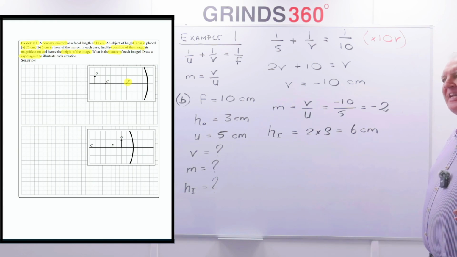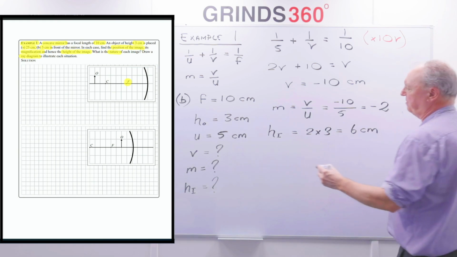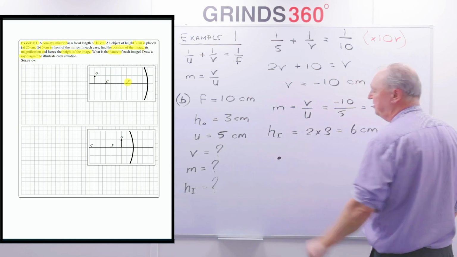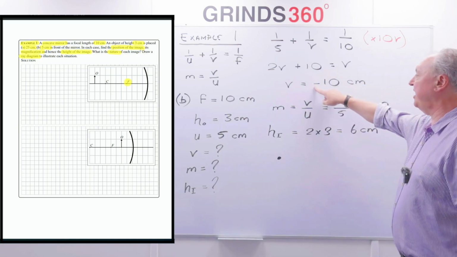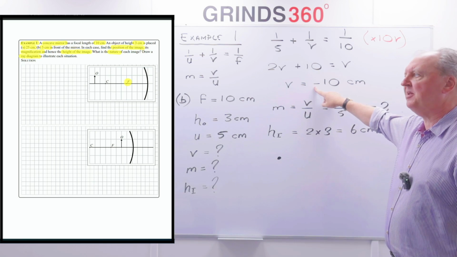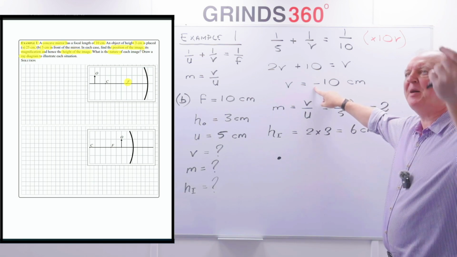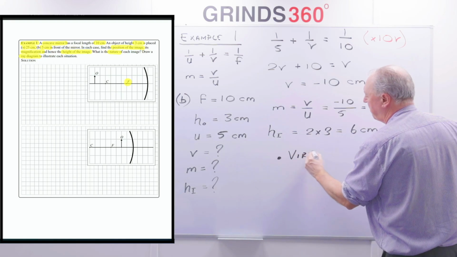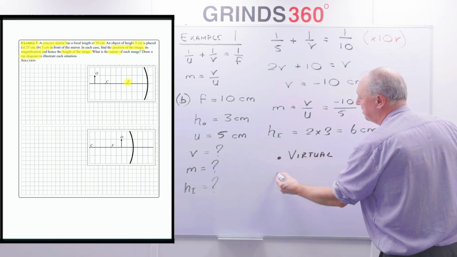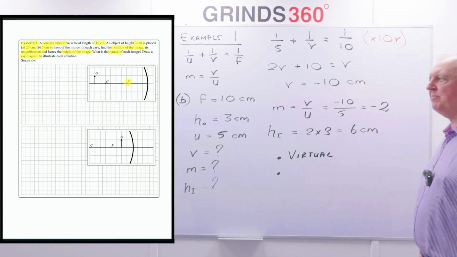We now want to find the nature of the image from that information. So the first part: is it real or virtual? How do I know that? Look at your sign of v. v is minus 10. That means 10 centimeters behind the mirror. So that's virtual. Is it magnified or diminished?